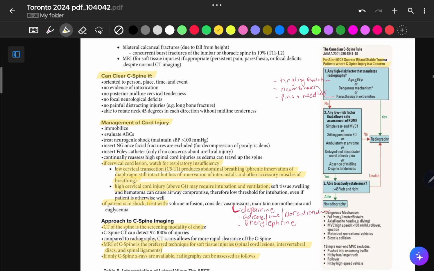So can you actually clear a C-spine? Okay, so you can actually clear a C-spine injury in a patient.